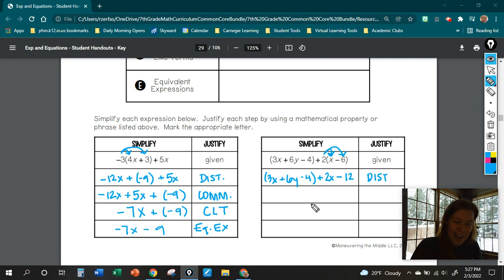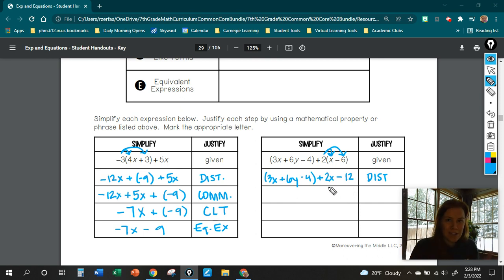Alrighty, so now this might seem a little unnecessary or extra to write, but I'm going to write down the next step because it's important to show why we can change the parentheses. Why can we combine everything that's written? Because right now, order of operations says we have to do everything that's in here, but we can't combine like terms until we're able to add this 2x and minus 12 in as well.